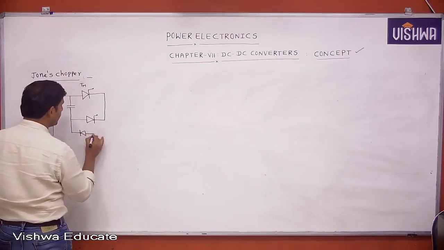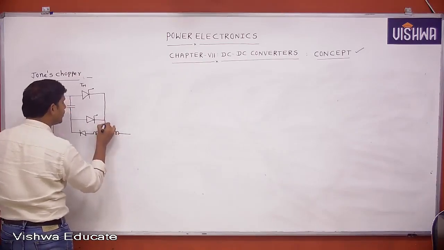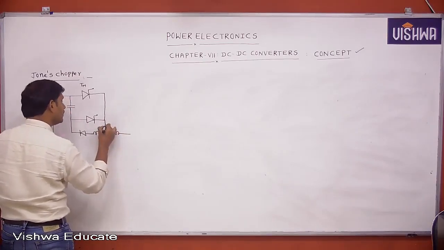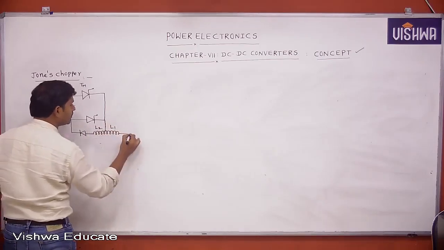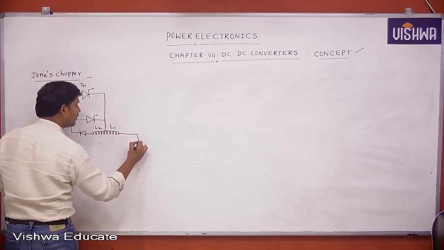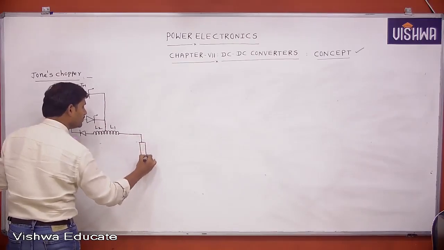Instead of an inductor, we are using a center tap reactor or center tap transformer. This is L1, this is L2. Here we are connecting some load.